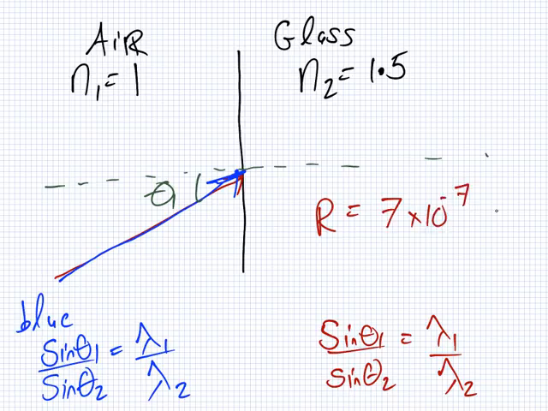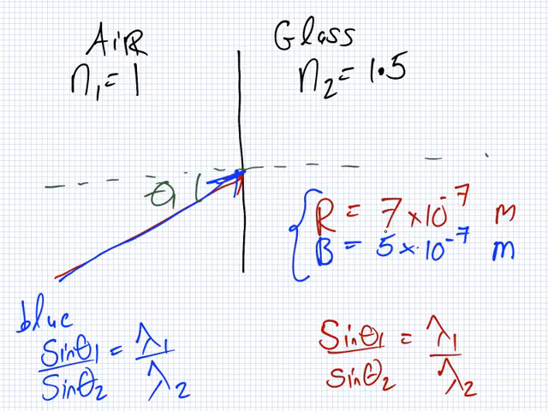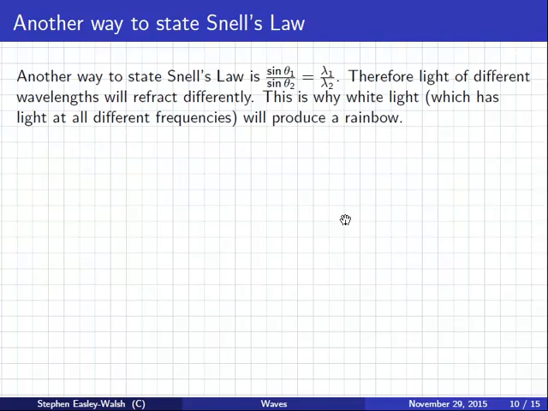Blue is 5 multiplied by 10 to the minus 7 meters. So which one is bigger here? The red. Yeah, 7 times 10 to the minus 7. Let me just have a look at my picture here.